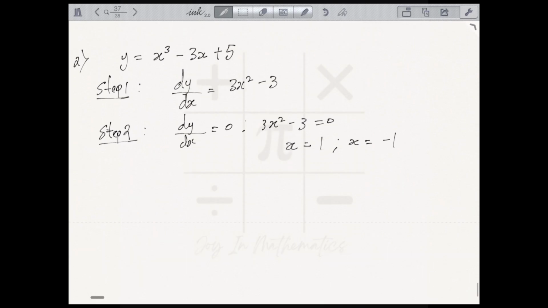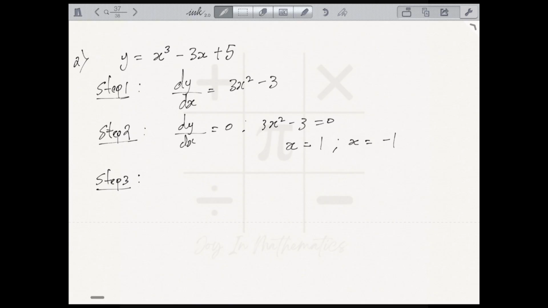And in step 3, we are asked to evaluate the y ordinate value for each value of x.